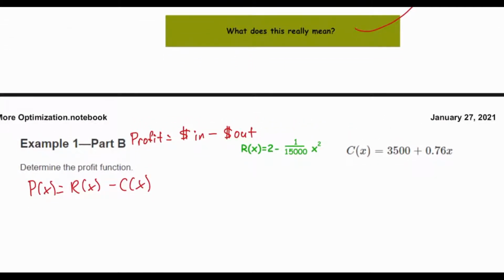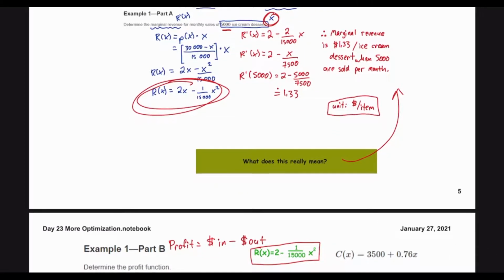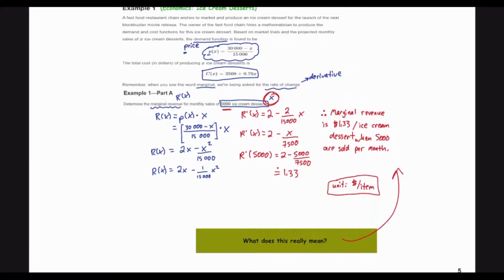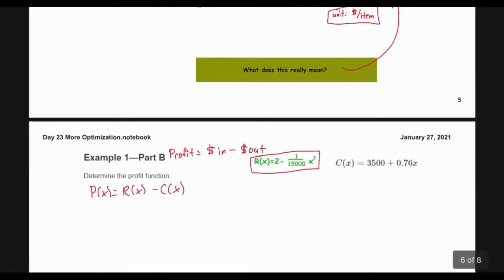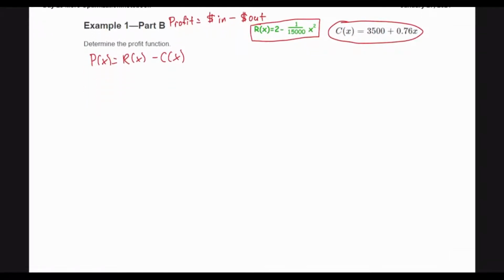And we have our R of X function. We have our revenue function that we found in the previous question. So this is just being carried on down to here. And our cost function was given in the original part of the question as well. So that's where these values are coming from here. That's where these formulas or equations are coming from. All right, let's plug in what we know.